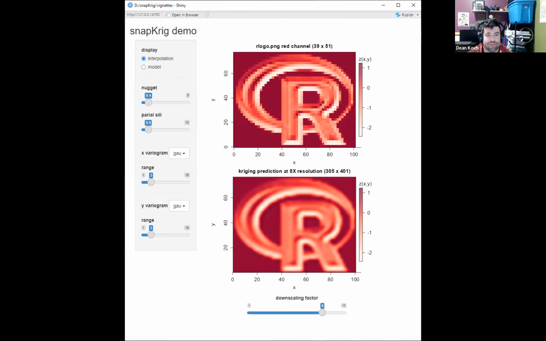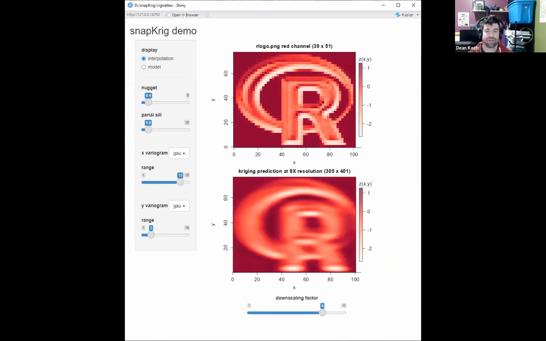So on the left, you can see I have sliders for something called the nugget, the partial sill, and on the bottom here, range parameters. These are the most influential parameters in terms of the prediction output. And you can see when you increase the range of the X parameter, the whole image becomes kind of blurred horizontally.